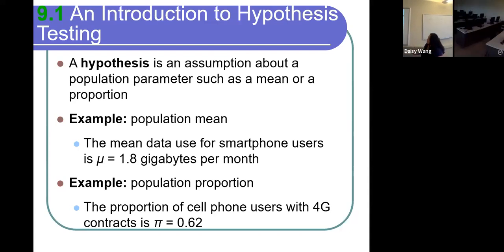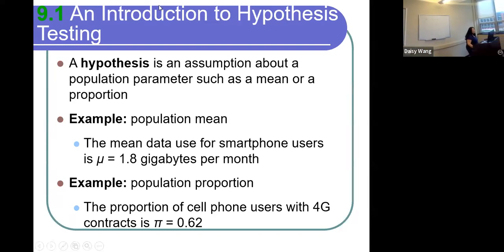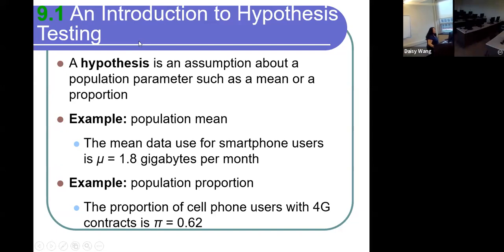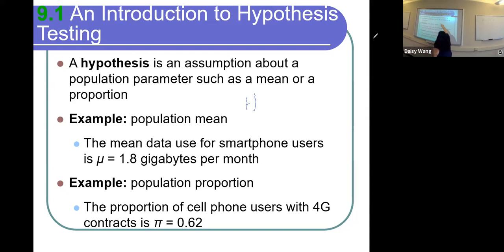Okay, so our hypothesis now, we will have a new hypothesis where we will say H0, and we will say the average of the sample will be less than or equal to 1.8.